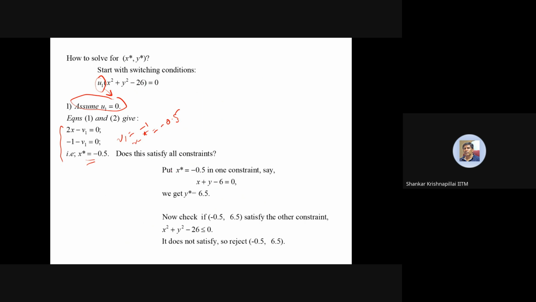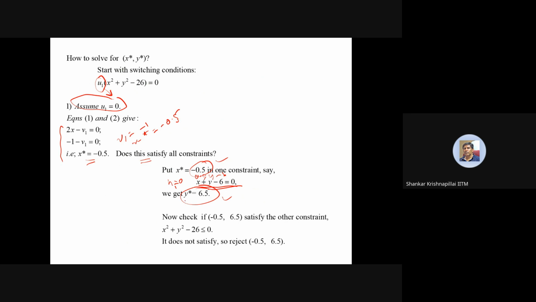Does this value of x star satisfy the constraints? One constraint is h1 equal to 0, this constraint. So you put 0.5 plus y minus 6 is equal to 0, y star equal to 6.5. So x star equal to minus 0.5, y star equal to 6.5 will satisfy the line constraint.